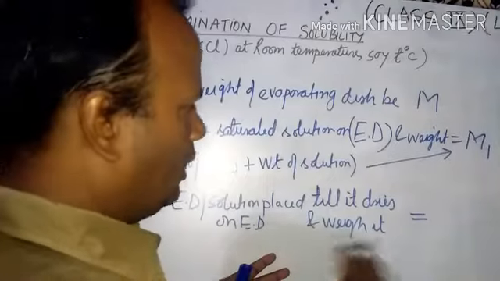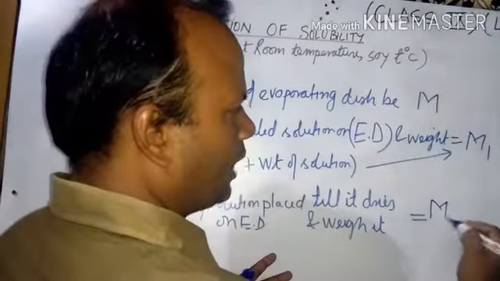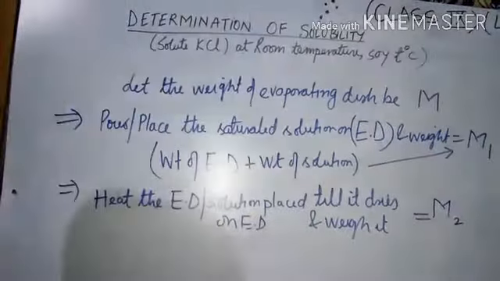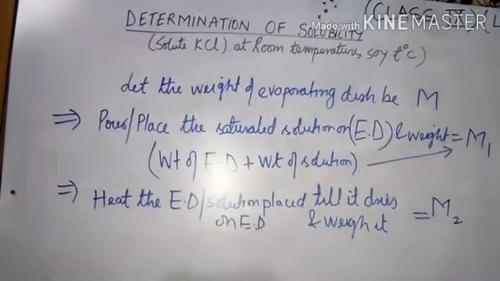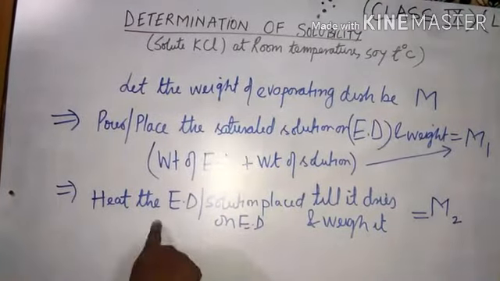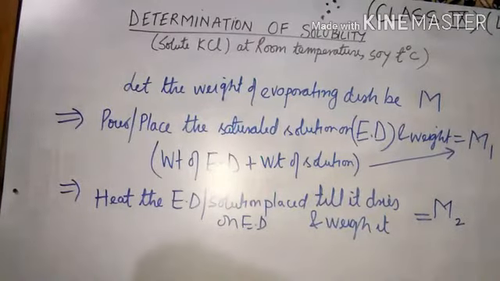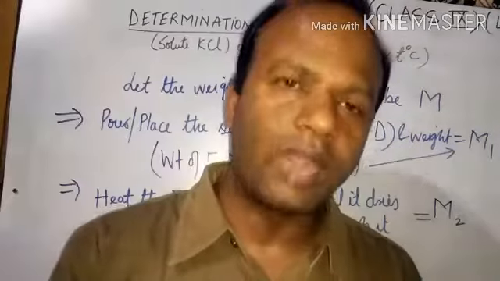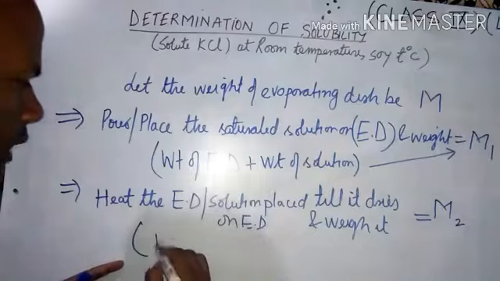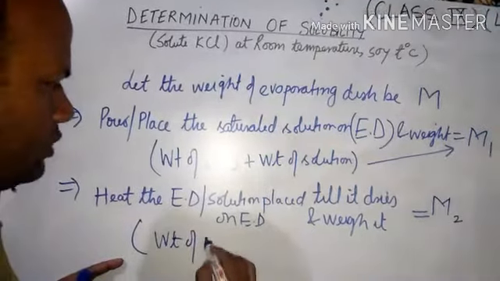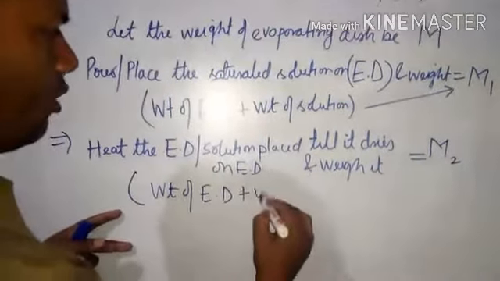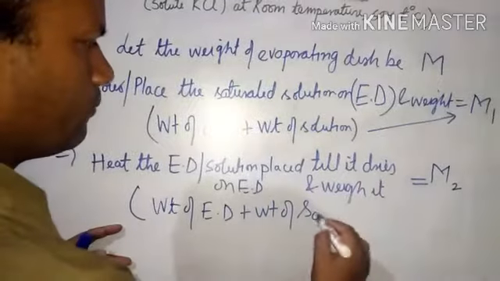Now you have to wait, and it becomes M2. What becomes M2? The weight of the residue or the leftover. So what is that leftover? That is the solute. So now this M2 means weight of evaporating dish plus weight of solute.